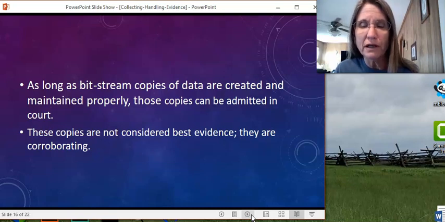There is something, of course, a legal term of best evidence, and these copies are not falling into that category of best evidence, but can be used as corroborating evidence.